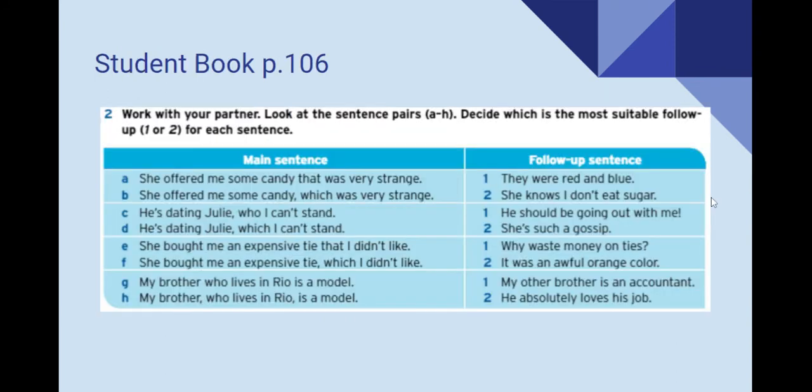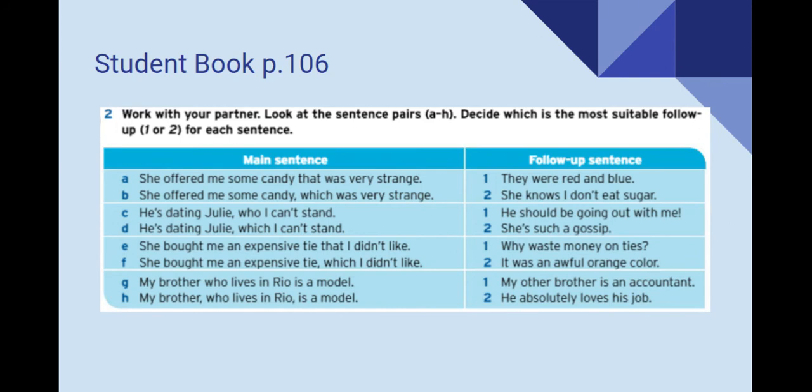Let's continue. Go to student book page 106. Here, you have main sentences. And if you notice, for example, in the sentence A, we have she offered me some candy that was very strange. In this case, we have a defining relative clause. How do you know?